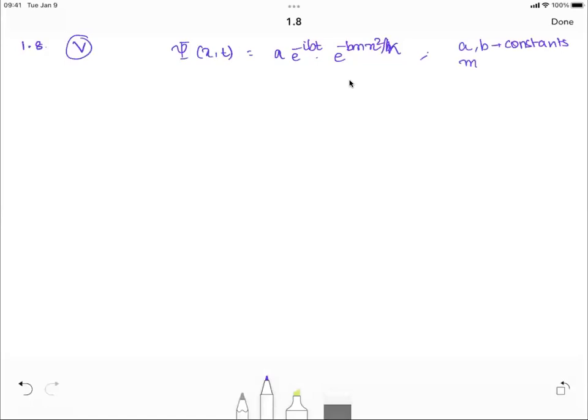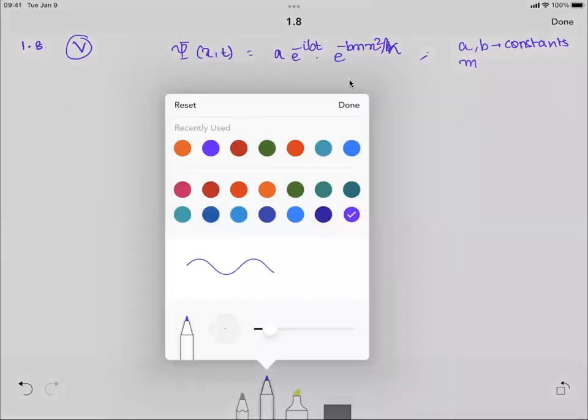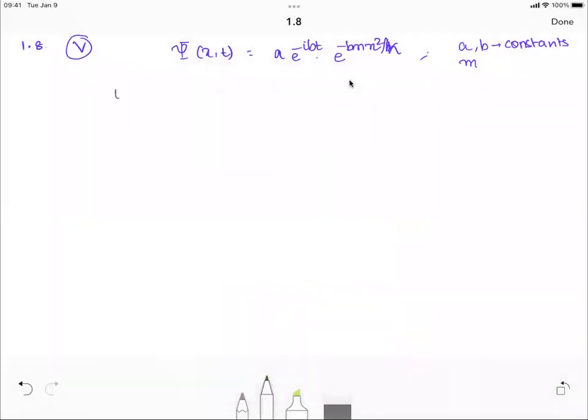So the easiest way to do this is to solve the Schrodinger equation, right? The Schrodinger equation is very simple. I would say it's just better to memorize it because it's the foundation of quantum chemistry, right?